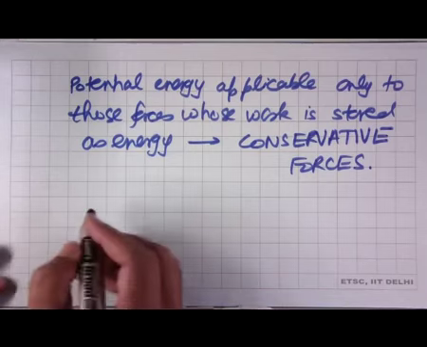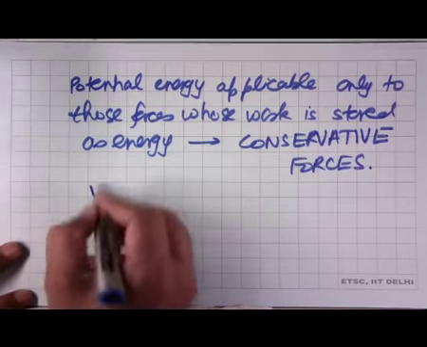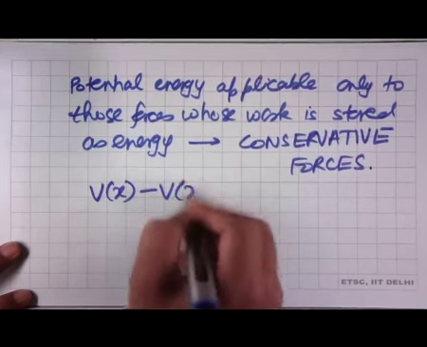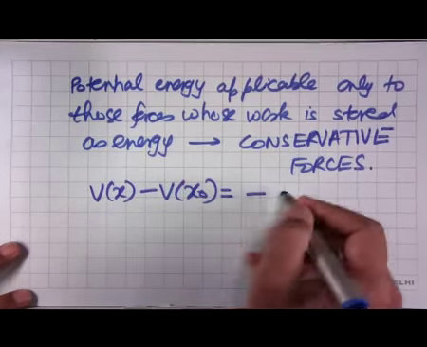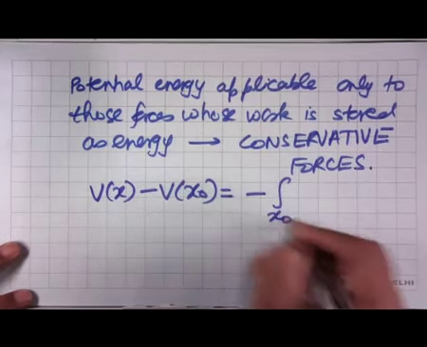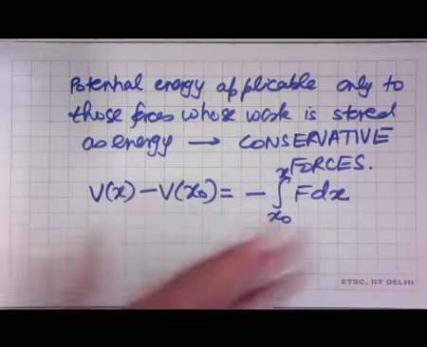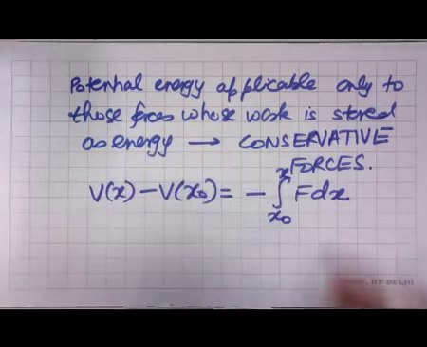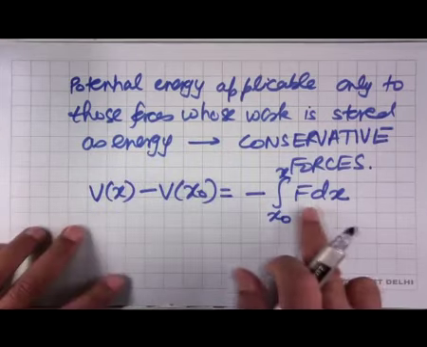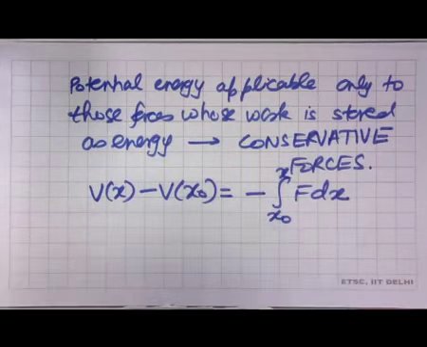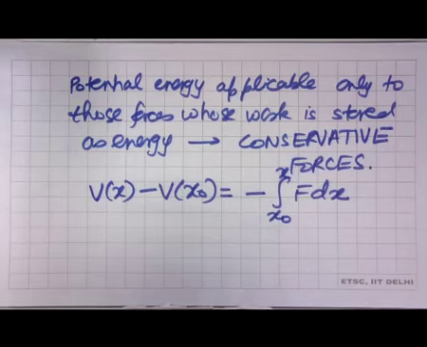And if we look at this expression, V of x minus V of x0 is equal to minus the integral from x0 to x of f dx. This is how we define the potential energy of those forces. F is the force, we integrate that with respect to x, and that is how we get the potential energy. We get another relation from here.